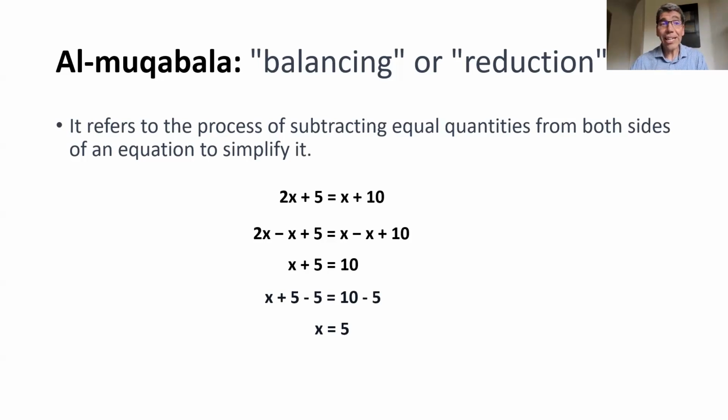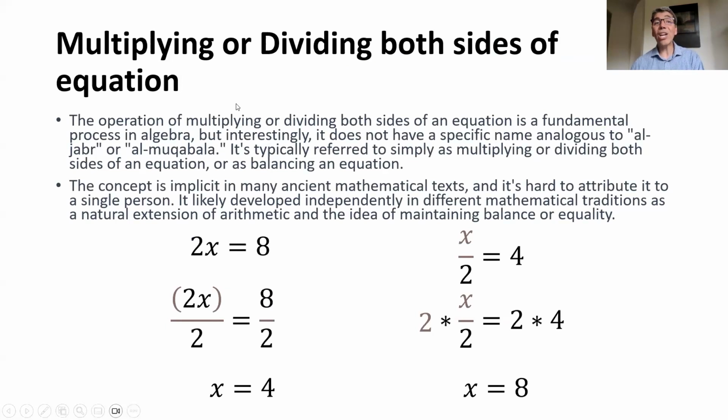Another, third technique of doing this is by multiplying or dividing both sides of the equation. This operation doesn't have a cool name in Arabic, but it's basically the same thing.